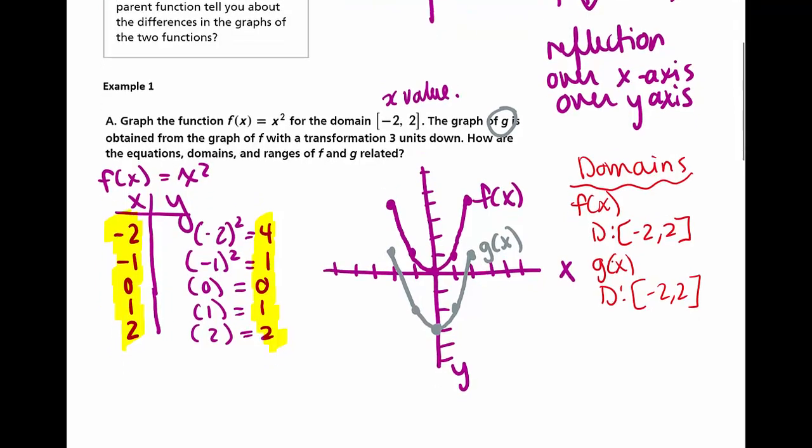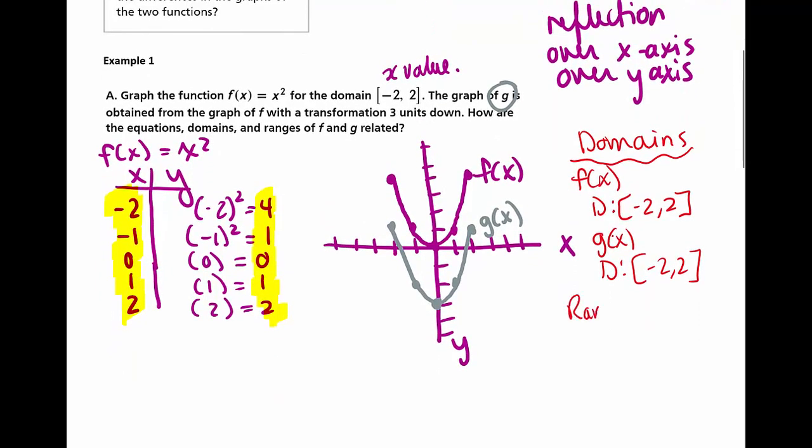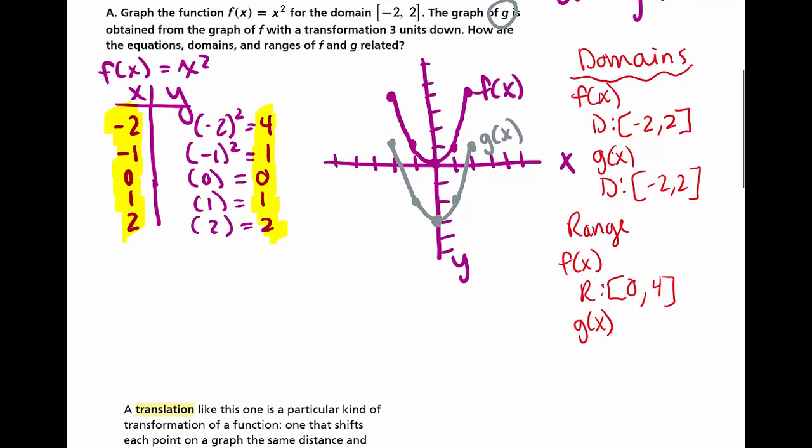Now let's look at the range. For f of x, the lowest y value is 0, and the highest y value, we can look at the graph or we can look at the table of values, is 4. And for g of x, the range, the lowest value is -3, and the highest value is 1.